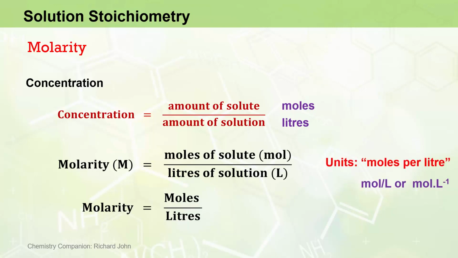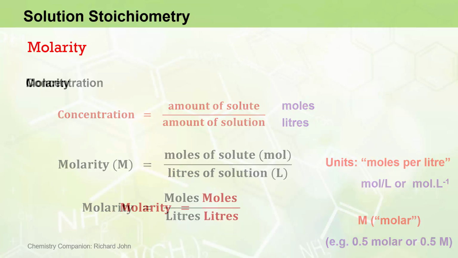The units for molarity are moles per litre, which can be expressed in a couple of mathematical forms seen here, but you will also see the capital M unit being used alongside the term molar. So, for example, a solution that has a concentration of 0.5 moles per litre is often expressed as being a concentration of 0.5 molar, with the capital M as the unit.